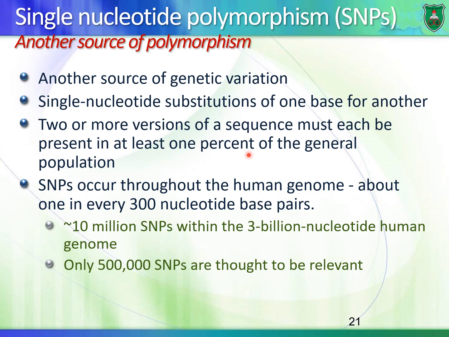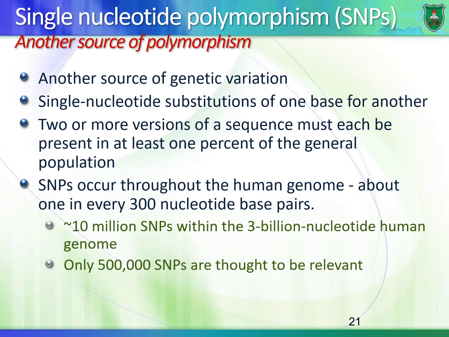Now, these SNPs are really spread throughout the human genome, and there is one SNP for every 300 base pairs. So we have a total of about 10 million SNPs in our genome. Okay, 10 million SNPs, that's a lot. But only 500,000 are important or relevant.